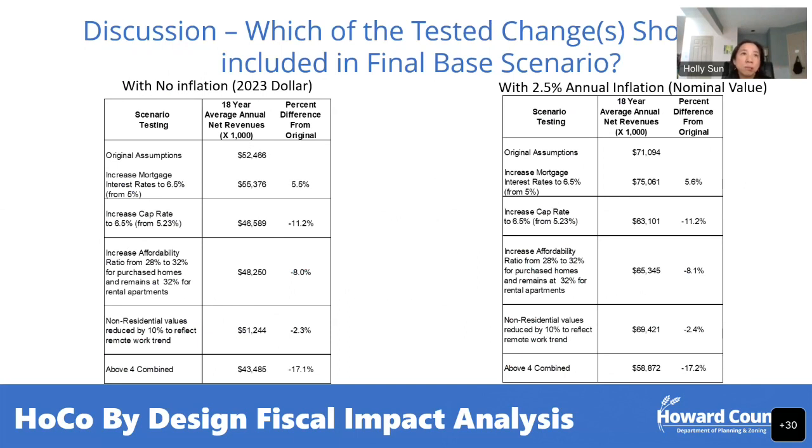So at this point, for these four factors, we can build the new assumptions into the base model, which is going to bring down the net impact, which will still be very positive. Measured in real dollars, it's $43 million in net gains to the county every year, and in nominal value, an average of $59 million net gains per year over the next 18 years.